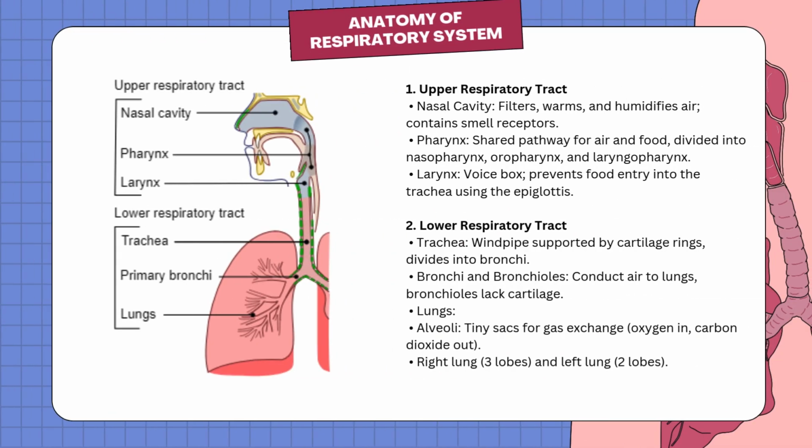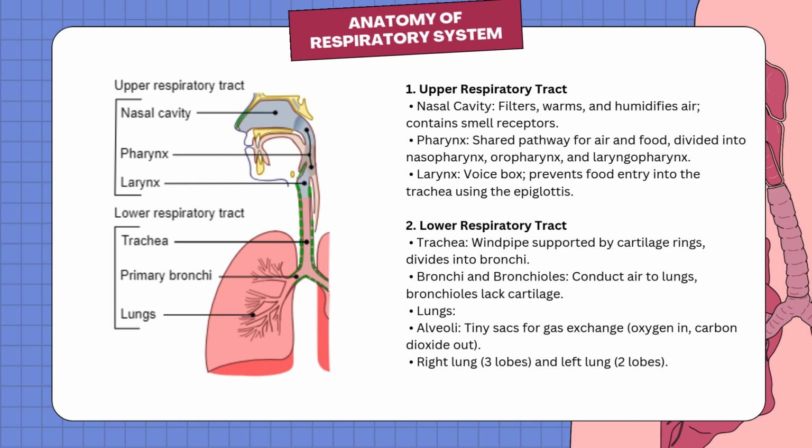Next, I'll be talking about the anatomy of respiratory system. The anatomy of respiratory system is divided into two parts, which is upper respiratory tract and also lower respiratory tract. The upper respiratory tract includes nasal cavity, pharynx, and also larynx.